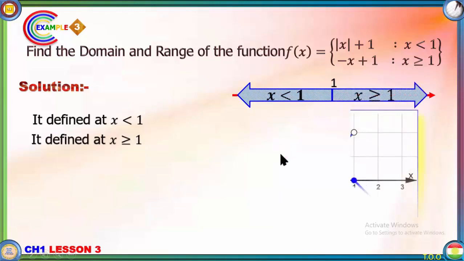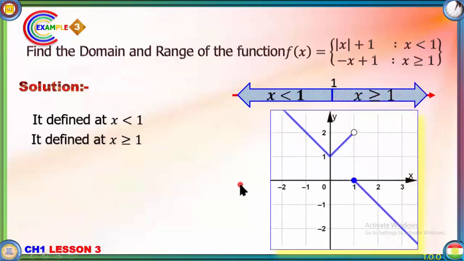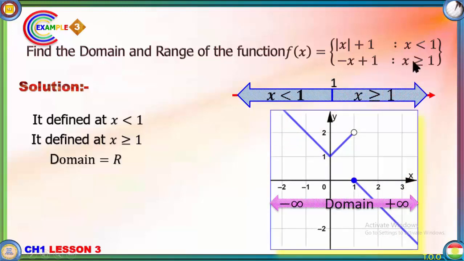The domain is all real numbers. When x is bigger than or equal to 1, then minus x plus 1 is less than or equal to 0. If you take 1, it becomes minus 1 plus 1, which is equal to 0.